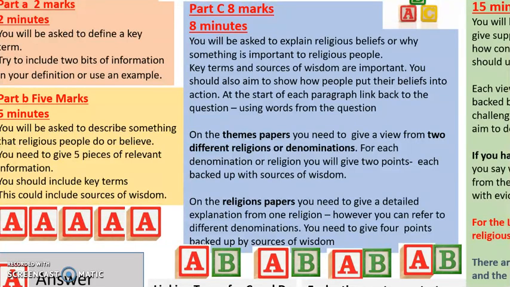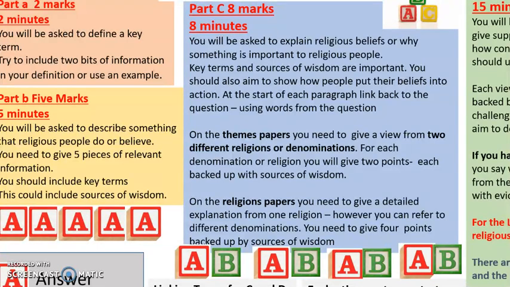And remember, you don't have to write out Bible passages, but what is important is that you explain how your source of wisdom supports the point that you are trying to make. It is not enough to just write out a passage but not make the link. But remember, a source of wisdom can also be a person or your conscience.